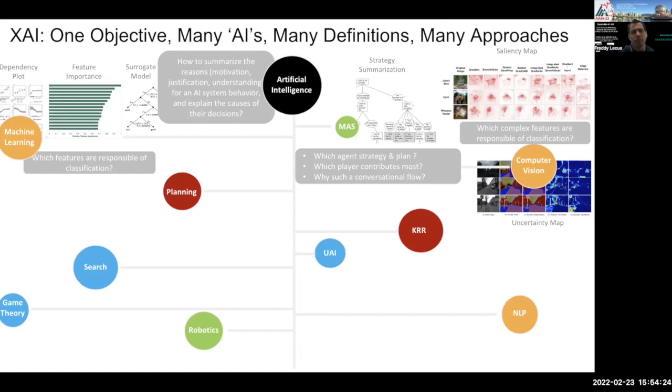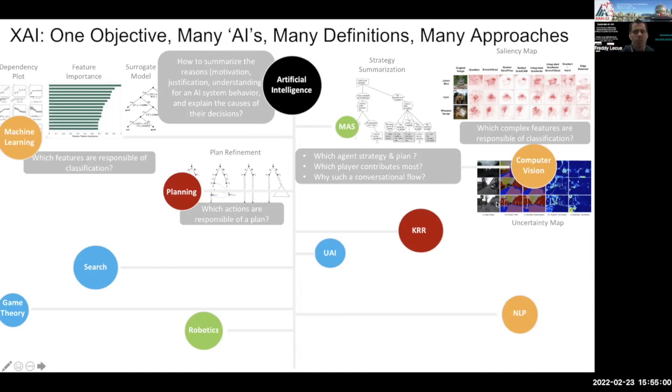At the end you have agents with conflicting goals, and when you get this equilibrium, you try to understand why you ended up with it. People have been working on that for years. In planning, the same: you try to reach an objective, you have a set of actions and initial situations, you plug those actions together, and you ask why you get a particular plan for solving a goal.